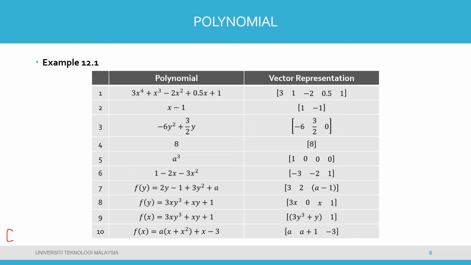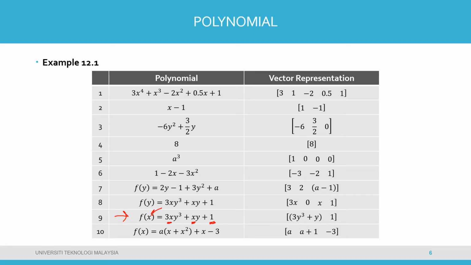So you have to practice how to convert the polynomial equation into a vector representation inside MATLAB. So then we look at example 9. Okay, you look here, this is a function of x, so you have to look at x. You can see here the highest one is x to the power of 1.